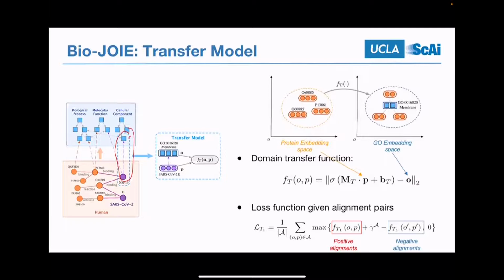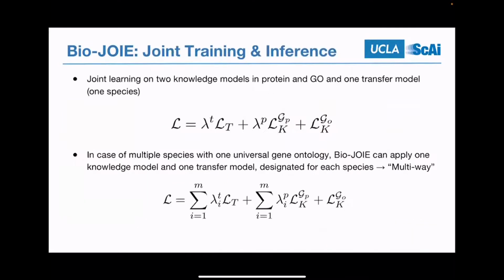That's the idea. And again, the overall loss function is the sum of the individual loss functions within each individual space, together with the loss of the transfer model.